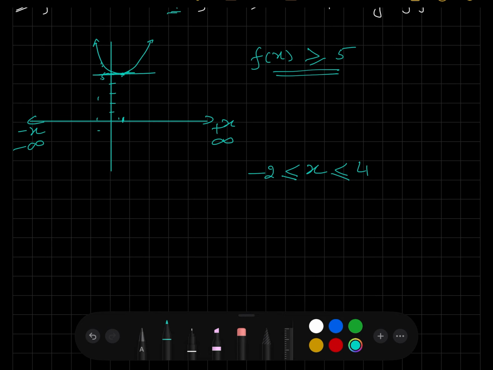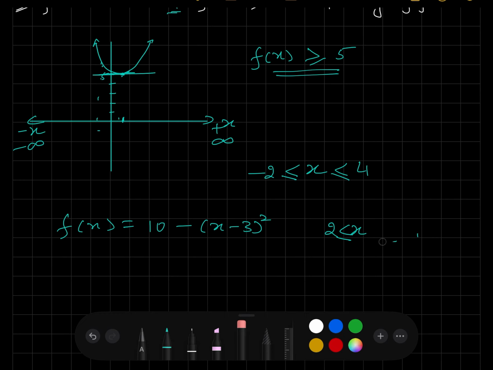Let me take one example so that this is clear to you. Let us say the function is f(x) equals 10 minus (x minus 3) whole squared, and the domain is x greater than or equal to 2 and less than or equal to 7.